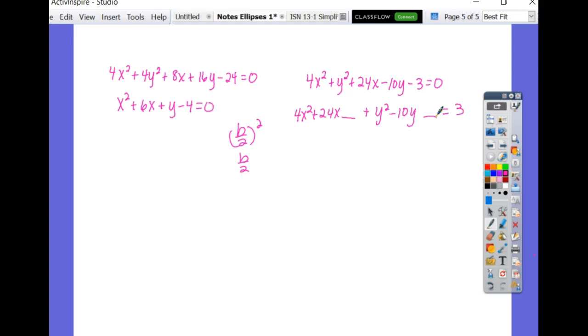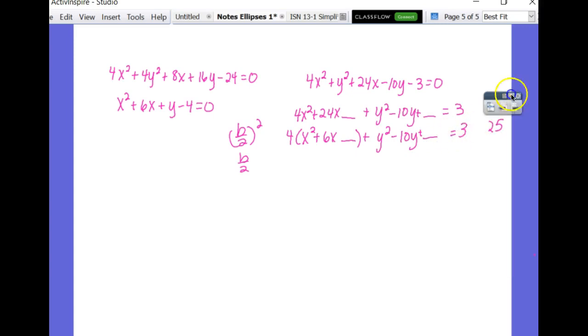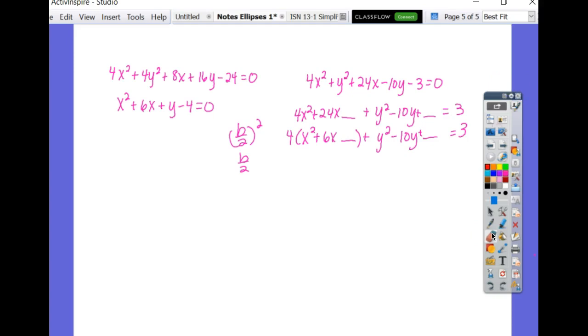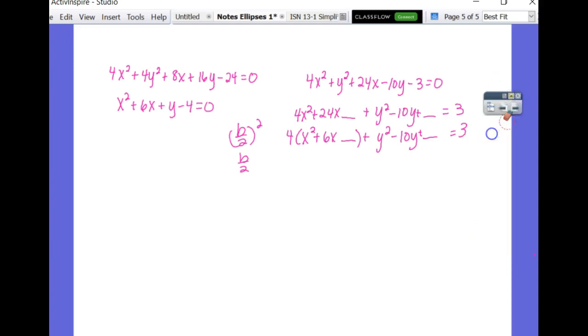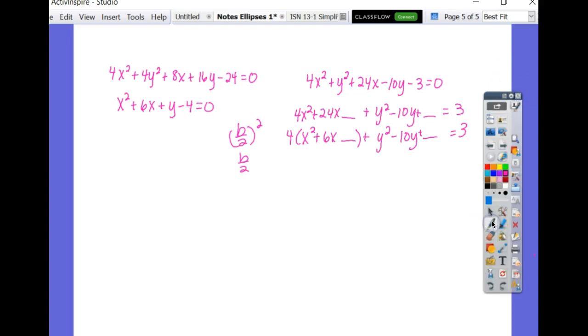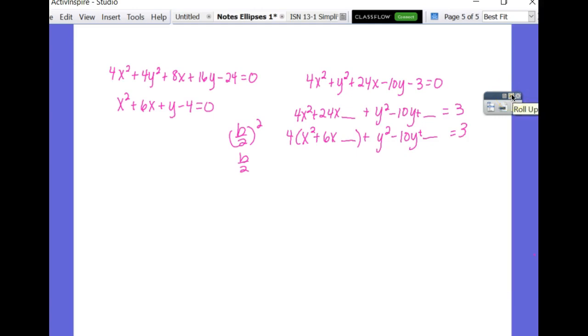All right. So, starting on the first one, I have to divide out the 4. Okay.